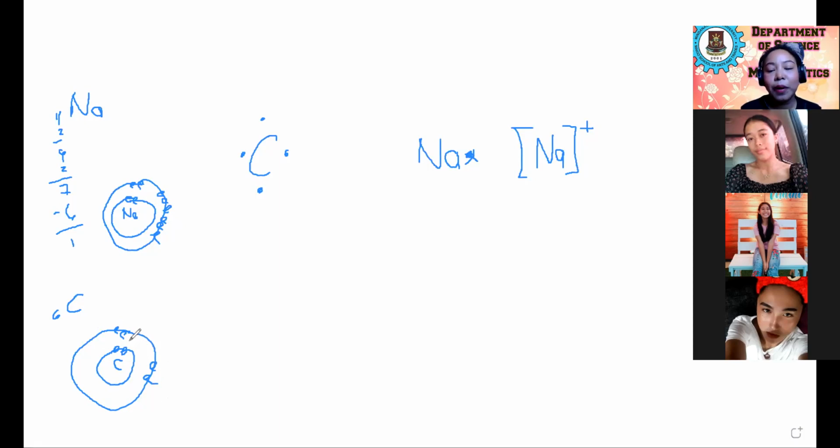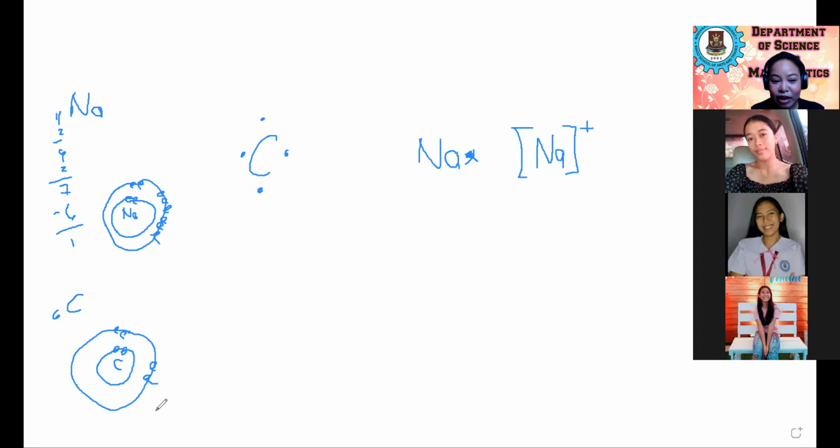Pila gyud ang kailangan para mas stable siya? 8. 8 electrons. Kay dili man siya apil sa duet rule. Nakaroon na siya og upat, which is easier, to remove the 4 or get the 4? Get the 4. Nganong dili mag-remove og 4? 4 man gihapon na siya.